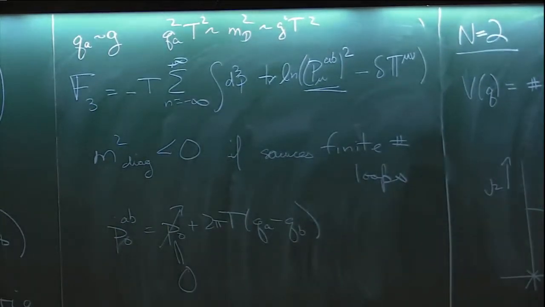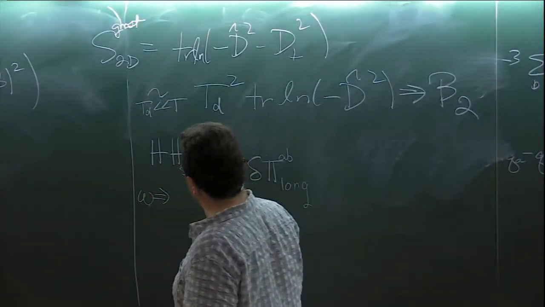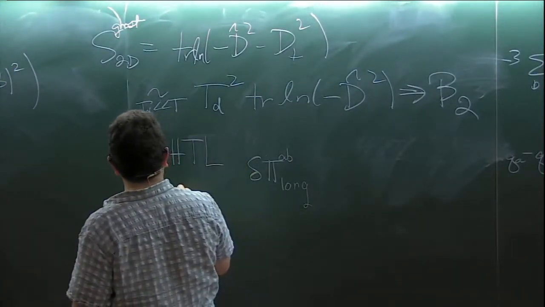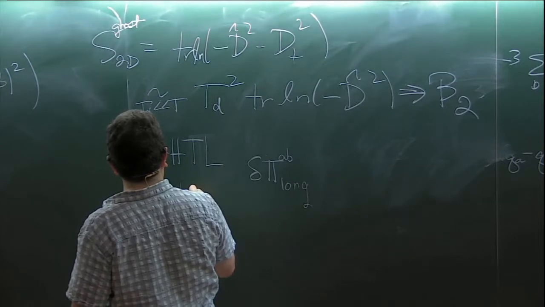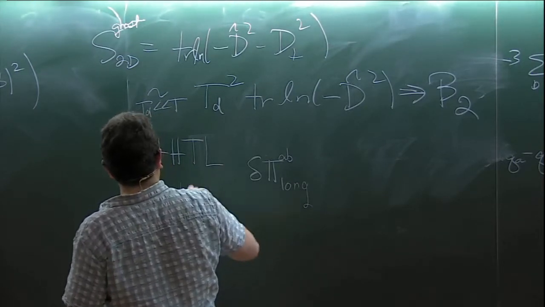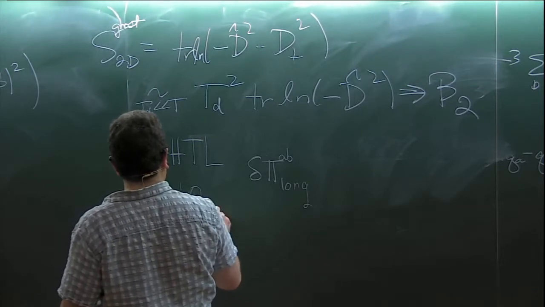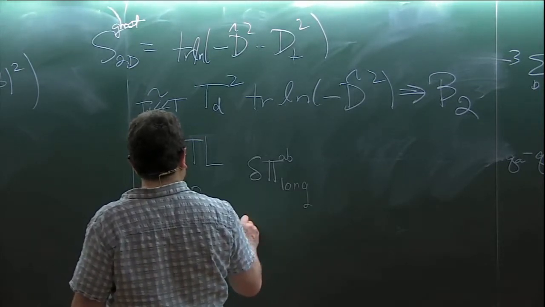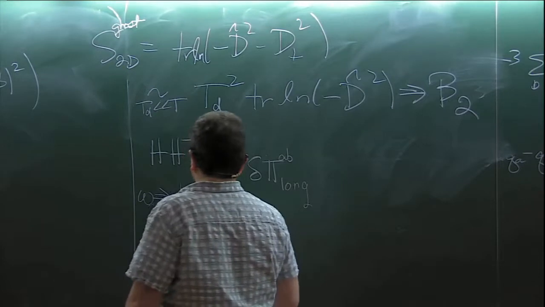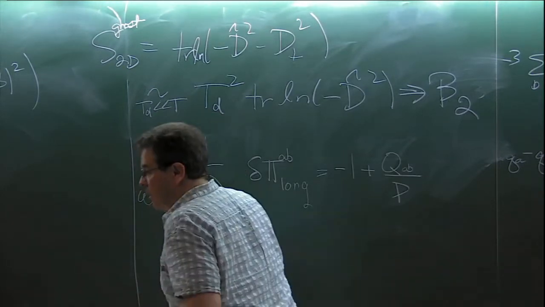So it directly comes from taking, hard thermal loops are valid for omega on the order of gT. You take this to be i times Q, which is i 2 pi T (QA minus QB). And what you find is that, for example, I'll just write down the longitudinal.